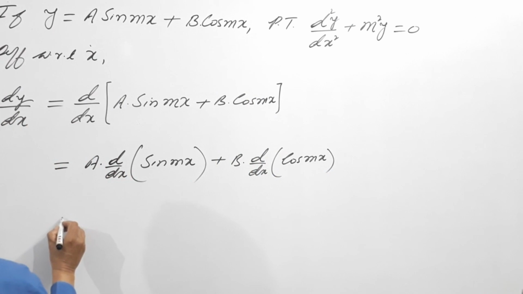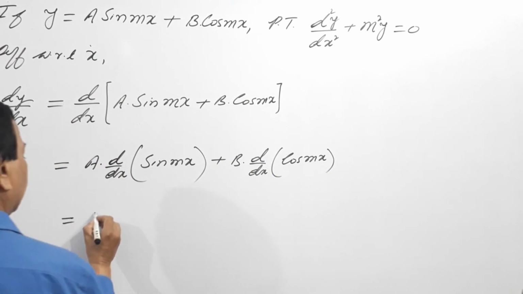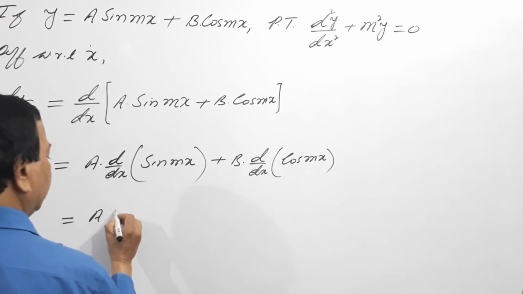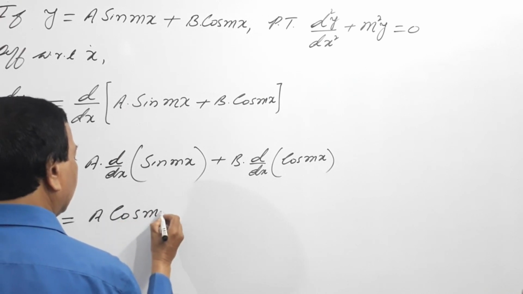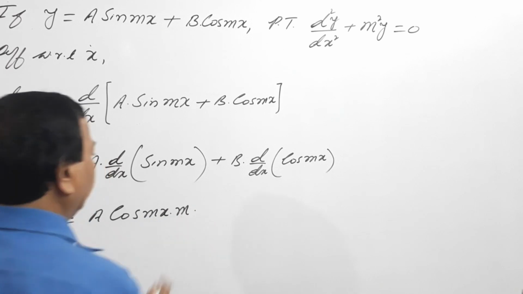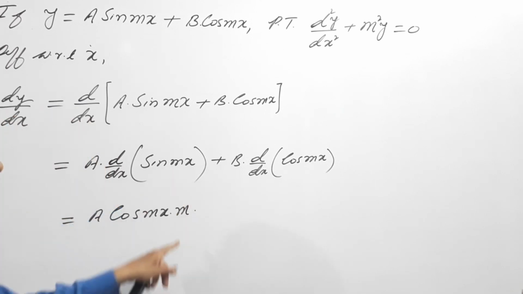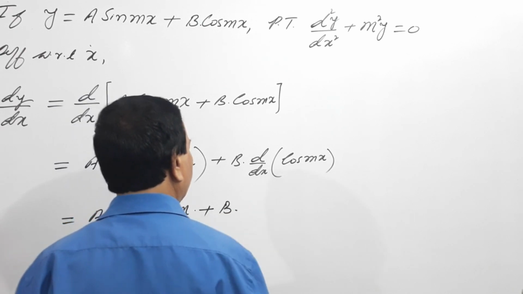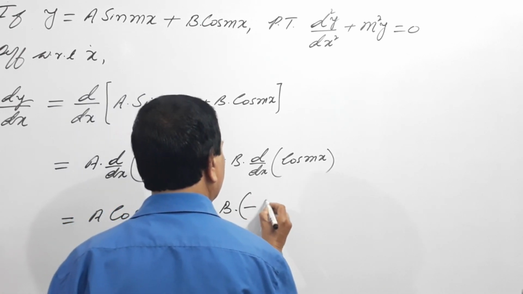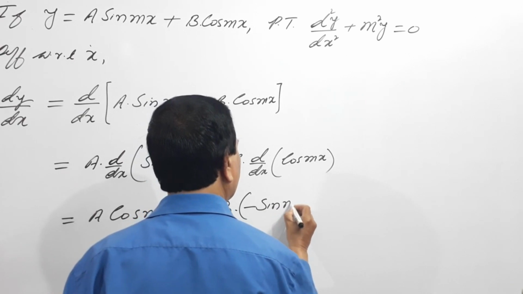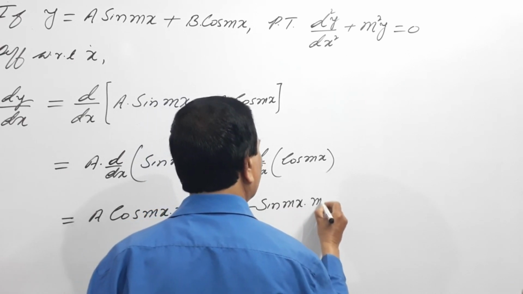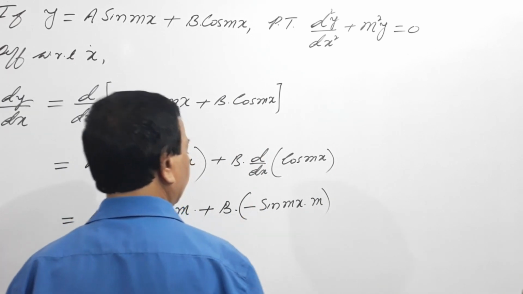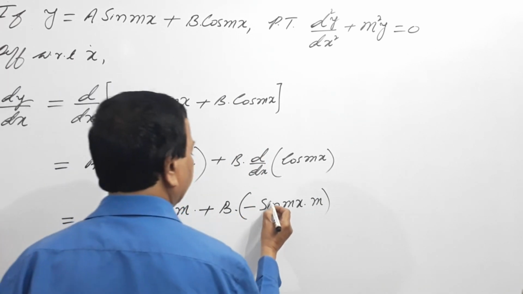So if you differentiate this, it becomes a cos mx into m, the derivative of this, plus b into minus sin mx into m.